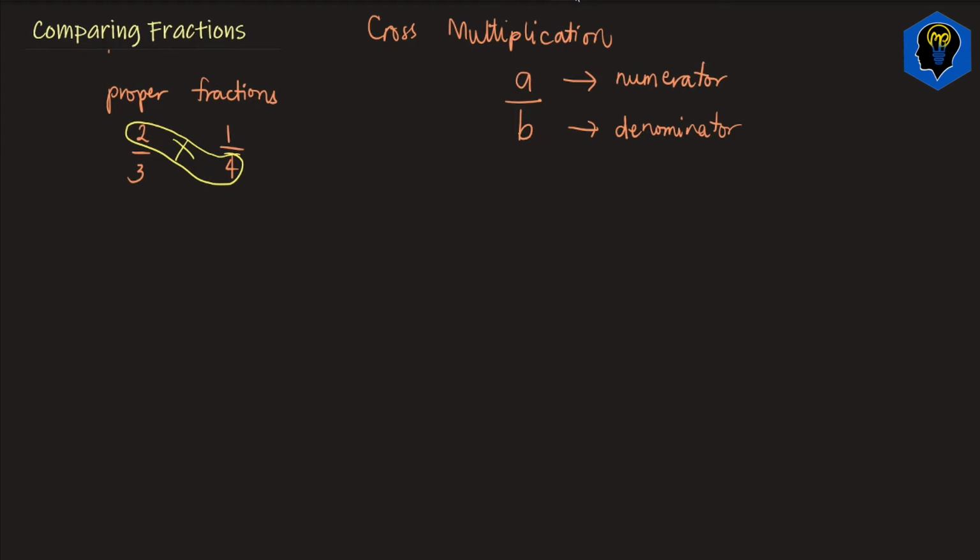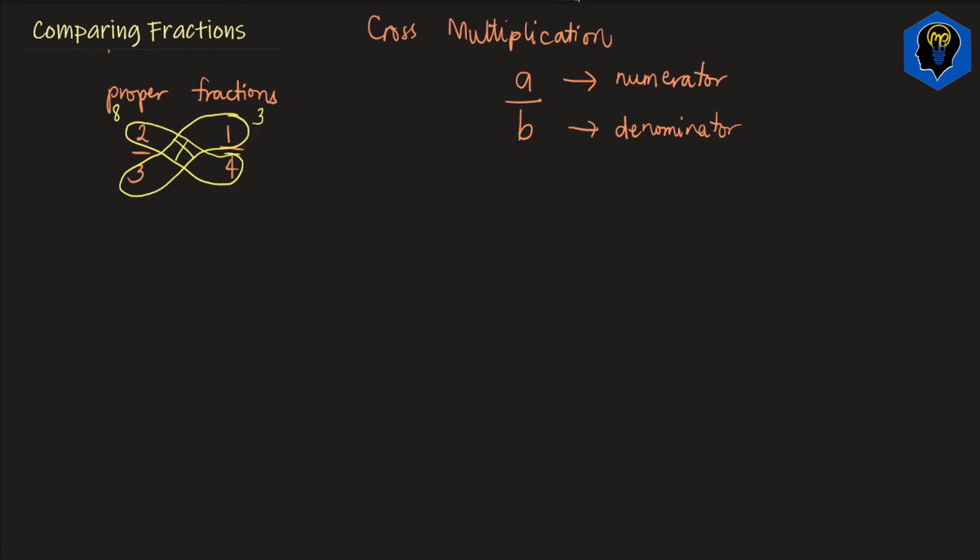Now, always remember, ilalagay nyo yung sagot sa taas ng numerator na ginamit nyo. So, for example, 2 times 4 is 8. So, dito nyo ilalagay yung 8 sa taas ng 2. Okay? Now, syempre, gagawin din natin sa kabilang side. So, that is 1 times 3. Ang sagot ay 3.